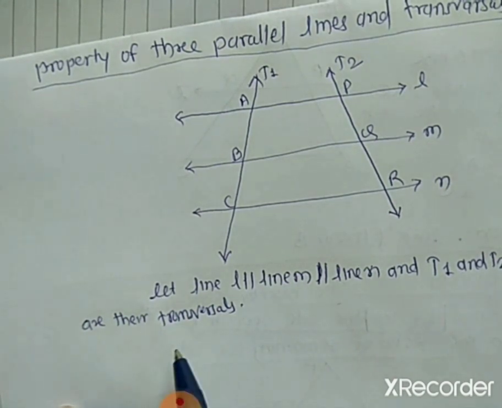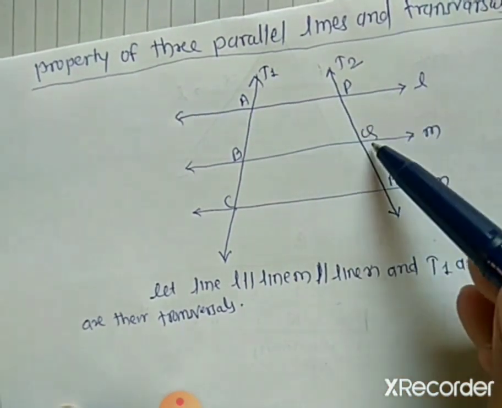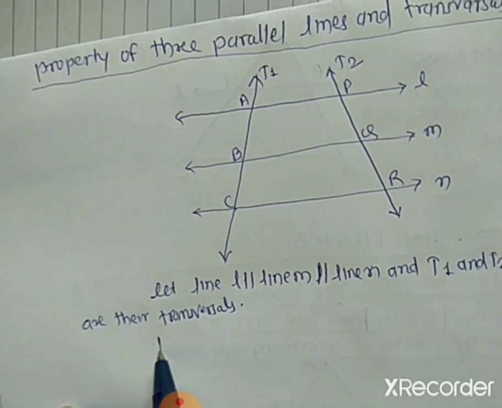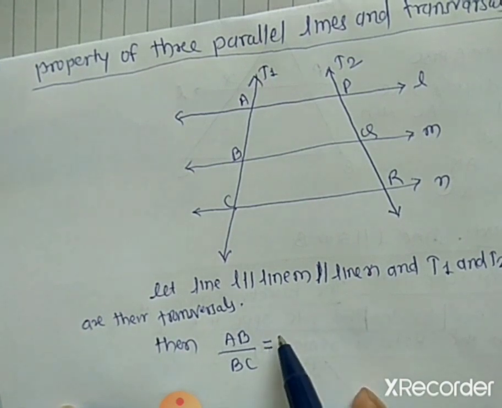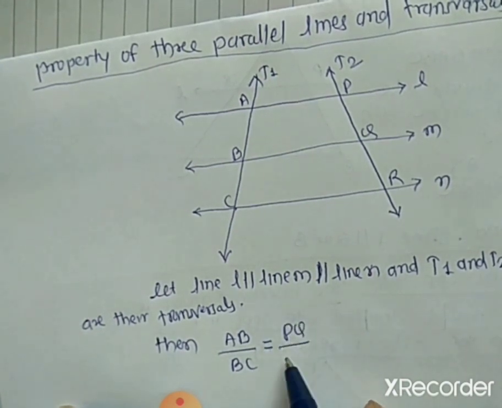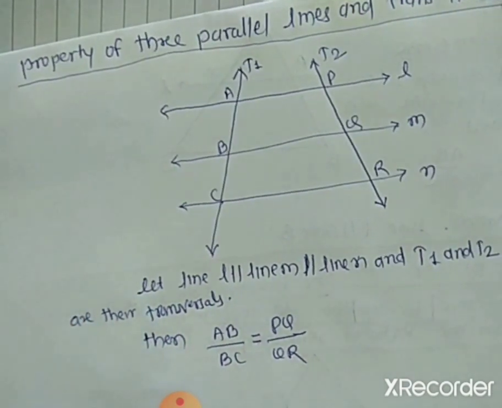Then we know the property that these intercepts are in the same ratio. Then AB upon BC is always equal to PQ upon QR. This is the property of three parallel lines and their transversal.